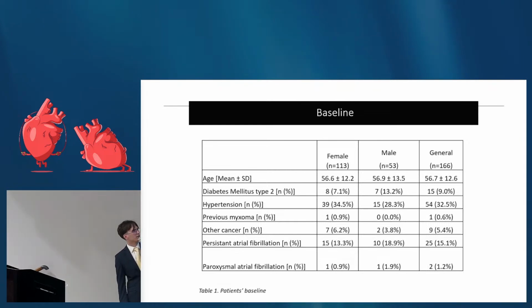The only interesting fact, pretty surprising to me, was that only one of the patients of our pretty large cohort had a recurrence of cardiac myxoma. But we don't have the follow-up checkups of all of the patients, so we can't be sure that the cardiac myxoma, due to its high chance of recurrence, hasn't come back in those patients. They just weren't operated at our center the next time.